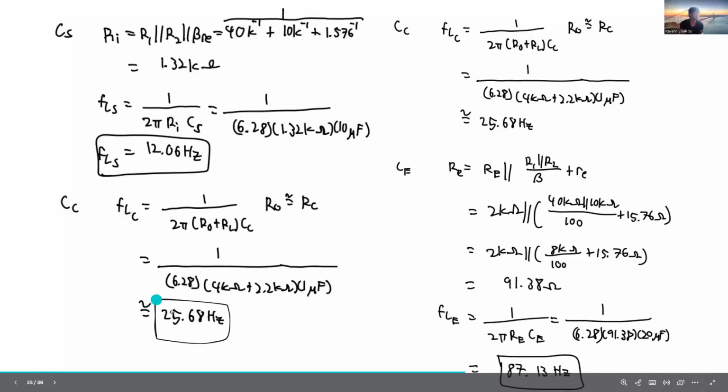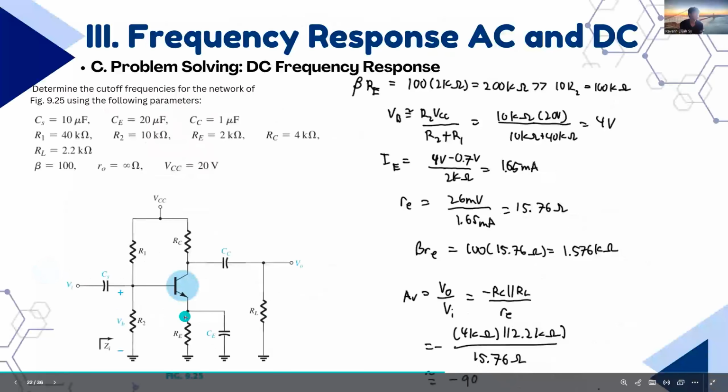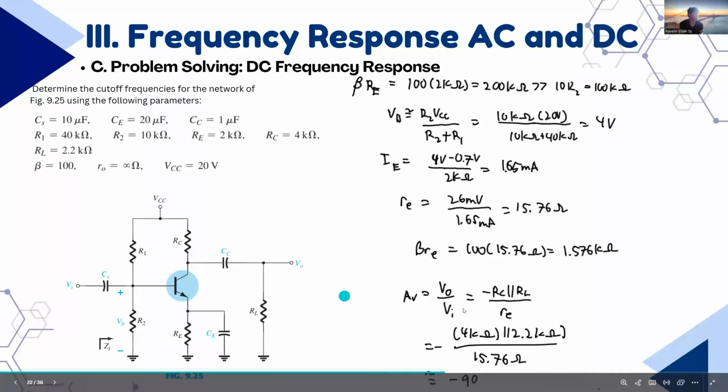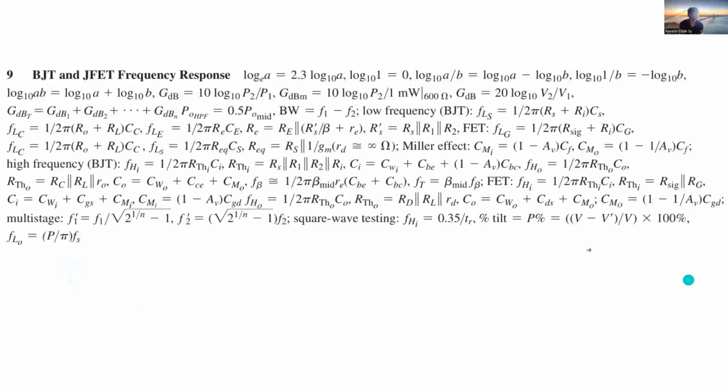Since we have three cutoff frequencies here, which one should be used? Like I said before, the cutoff frequency that we will use is the highest of them all. Meaning, the cutoff frequency for this particular circuit is 87.13 hertz. This is the source of all the formulas that we have used.